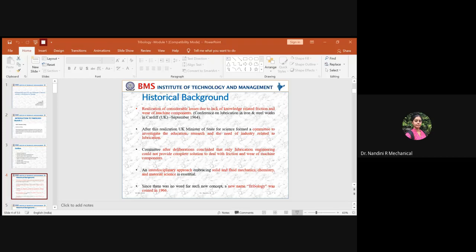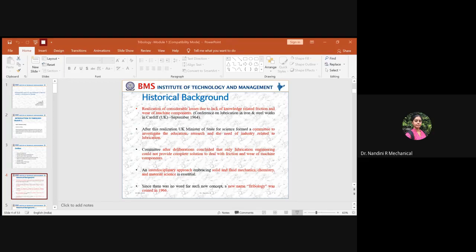Later, the committee made many deliberations and finally concluded that lubrication engineering, which was in existence, alone could not provide the complete solution to all the problems related to either friction or wear in any machine component.